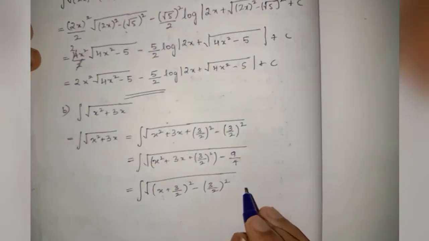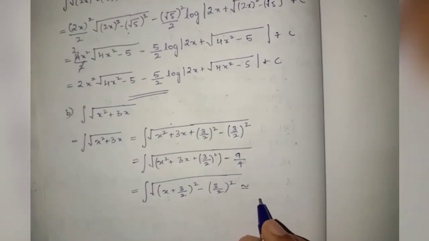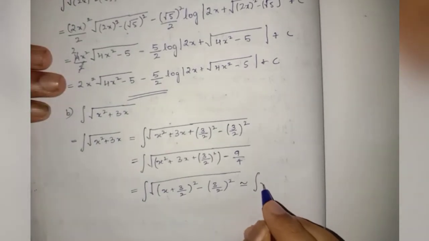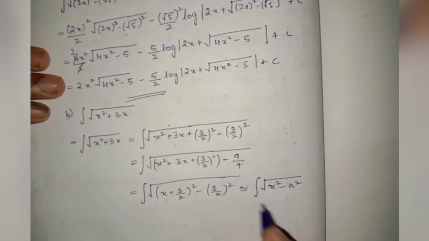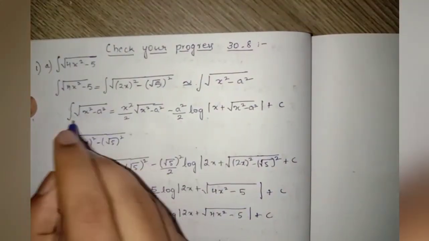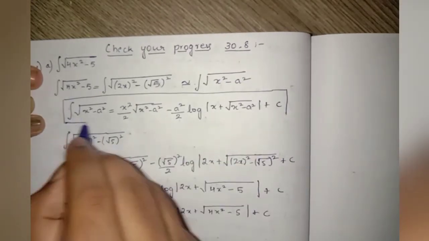Now let us recall what kind of problem is this. This is of the form integral root of x squared minus a squared. So we have done this in the previous problem. Here we need to follow this formula for this problem too.